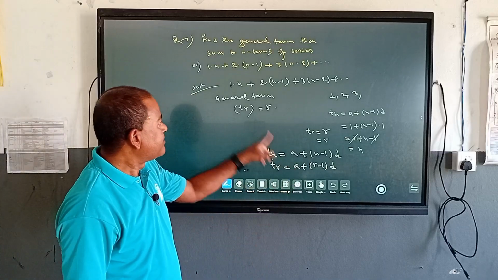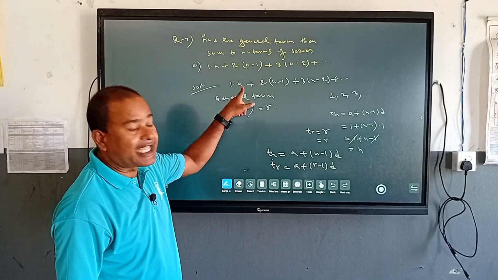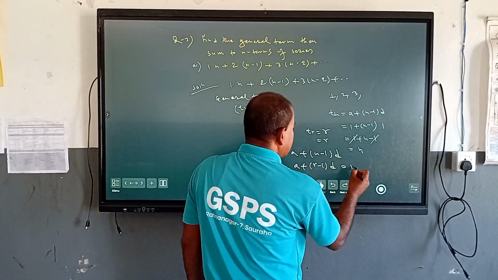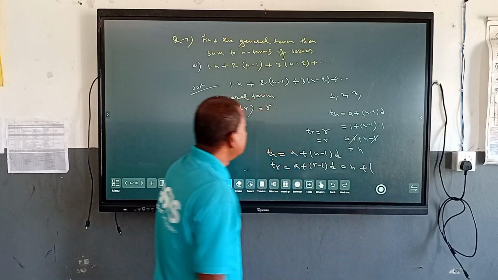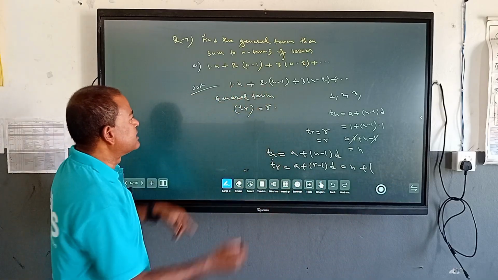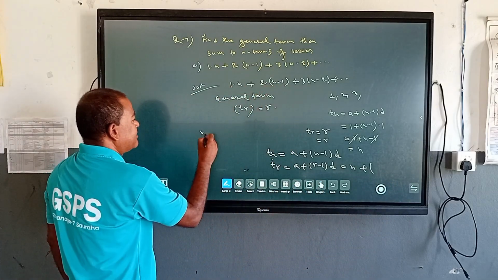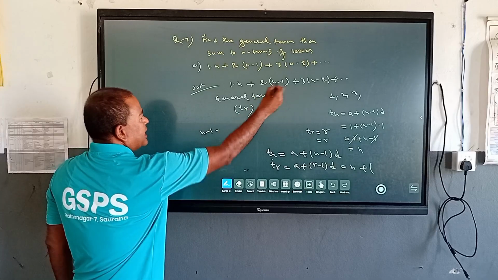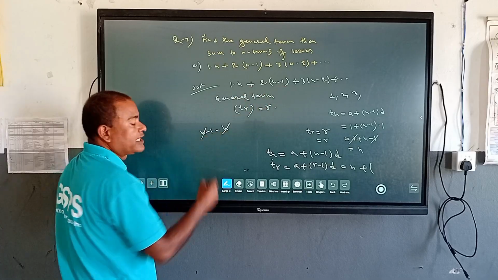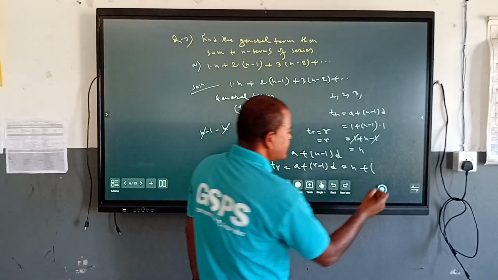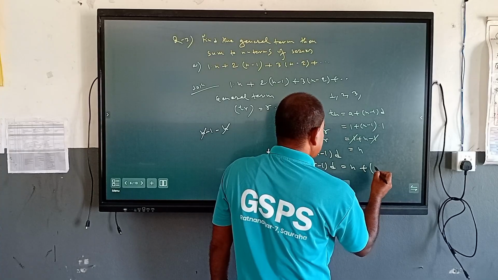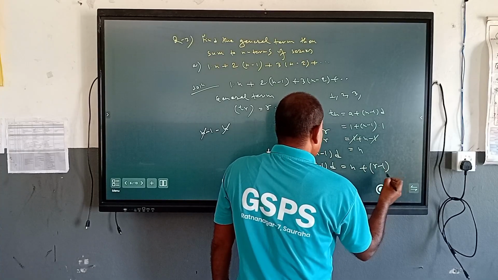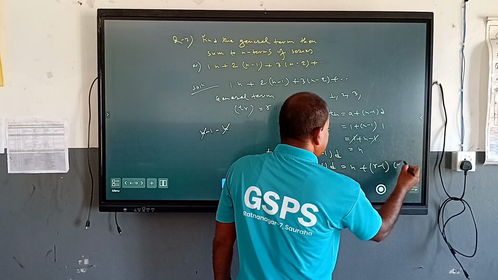So dear students, a means the first term, that means n. And d means the common difference, t2 minus t1, which is (n minus 1) minus n. n will cancel. That means the common difference we get is minus 1.